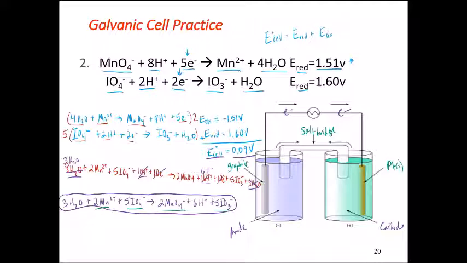But the oxidation reaction, okay, so looking here, the oxidation is going to have the Mn2 plus in here, and the reduction reaction is going to have the periodate starting over here. Now, as the reaction runs, you're going to end up with product, of course, building up in here.